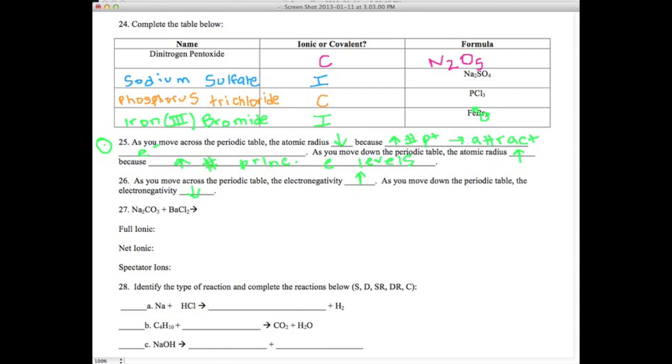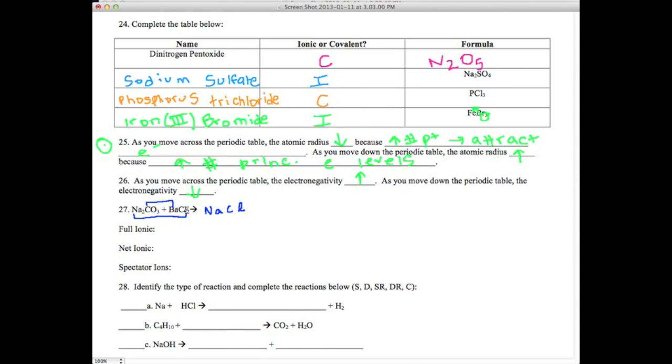Cool. All right, remember, for double replacement, you need to do innies and outies. So you have Na and Cl, and Ba and CO3. Remember, the charge of Na is +1, charge of Cl is -1. Therefore, when I create my compound, it's just going to be NaCl, and I'm done.